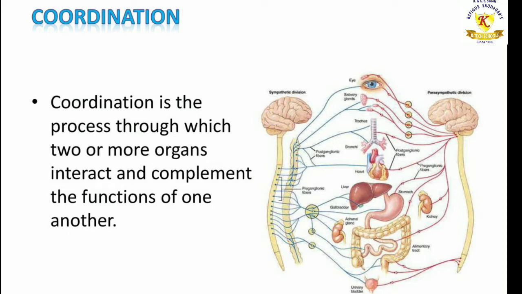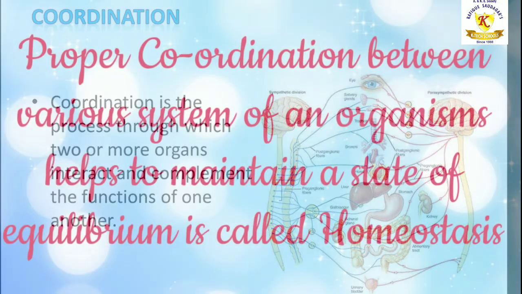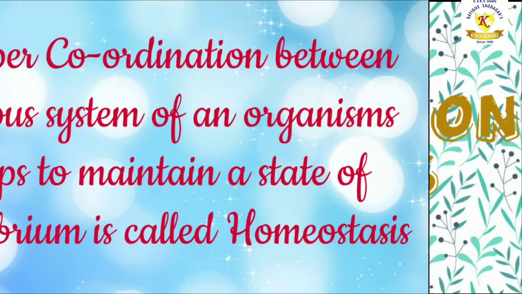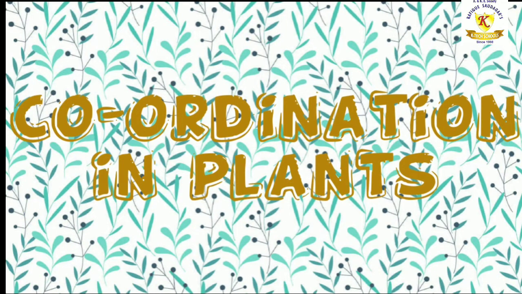There needs to be proper coordination between internal activities of the body resulting from various factors like body temperature, water level, enzyme level, etc., or stimuli arising in the environment. So proper coordination between various systems of an organism helps to maintain a state of equilibrium called homeostasis. Got it, children? So first let us study coordination in plants.